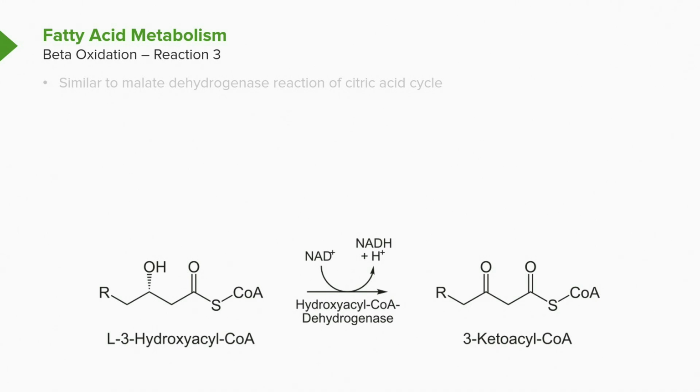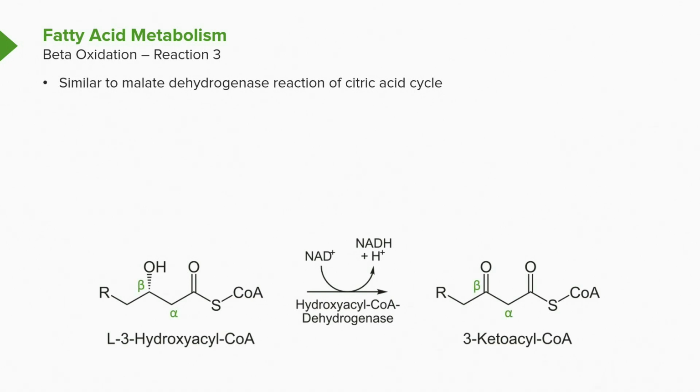On the bottom you see the hydroxyl fatty acid that we created in the last step. And on this step that hydroxyl group is converted into a ketone. That oxidation is catalyzed by the enzyme that you see on the screen and causes production of NADH plus H+. That is the transfer of electrons and protons as we have seen before.